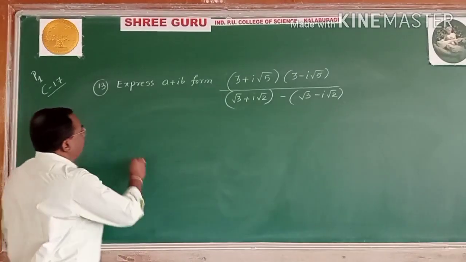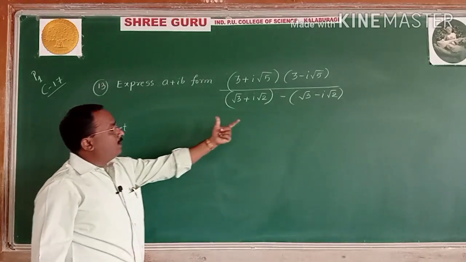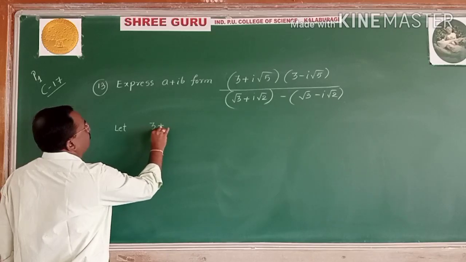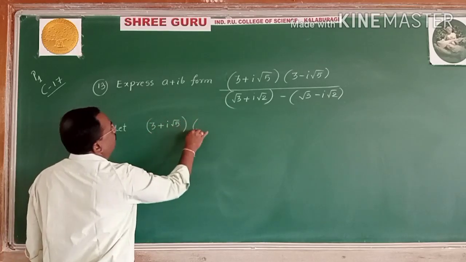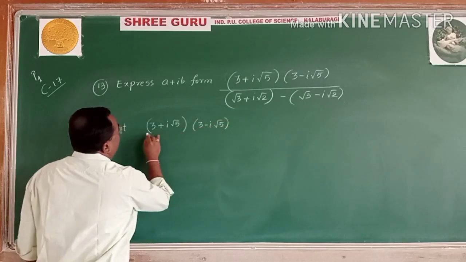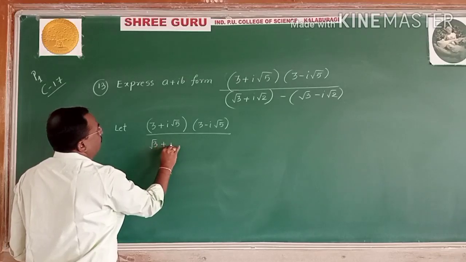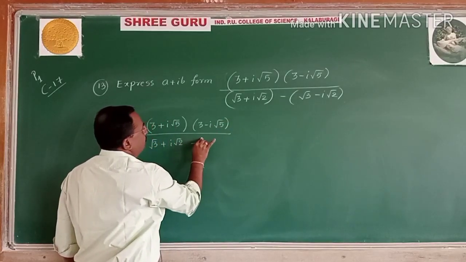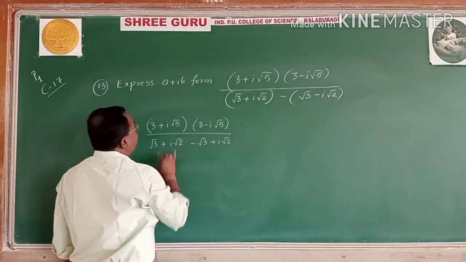Let the complex number be in the form of what? Numerator product, denominator difference. 3 plus i root 5 into 3 minus i root 5 whole divided by root 3 plus i root 2, take minus inside, minus root 3 plus i times root 2.